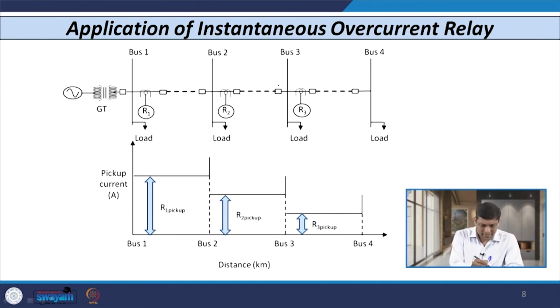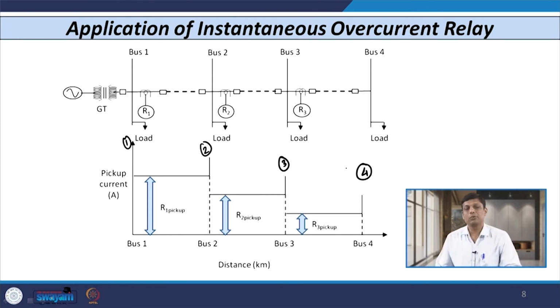If I extend the lines below, this indicates the bus number: this is bus number 1, this is bus number 2, this is bus number 3 and this is bus number 4. The pickup of relay R1 is the highest, and the pickup of relay R3 is the lowest.